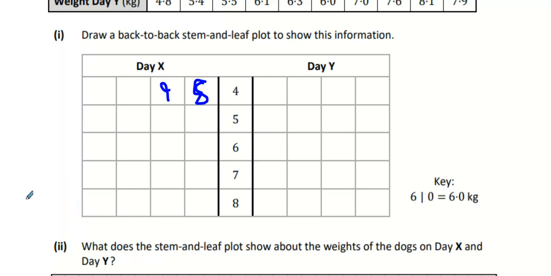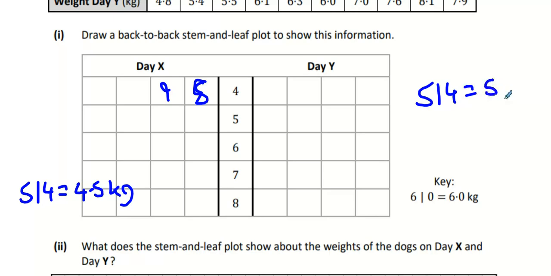So I could say 5/4 equals, what does 5/4 mean? On the left side, it means 4.5, but on the right side, it would mean 5.4. It depends what side you're on.